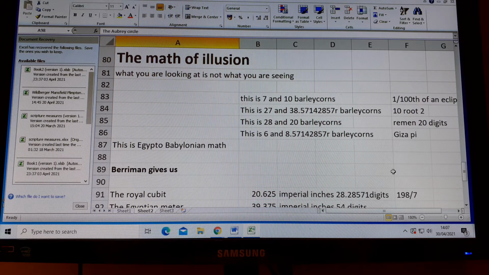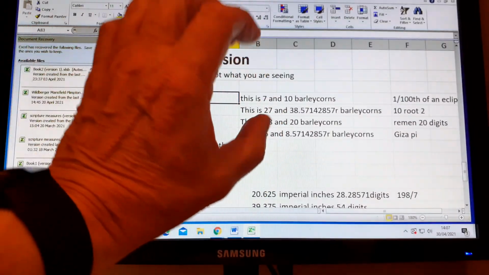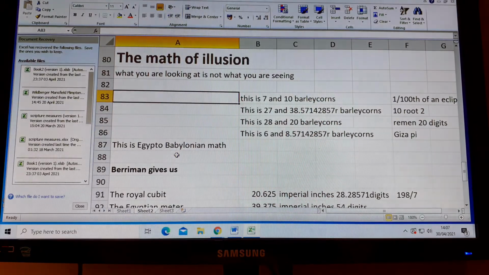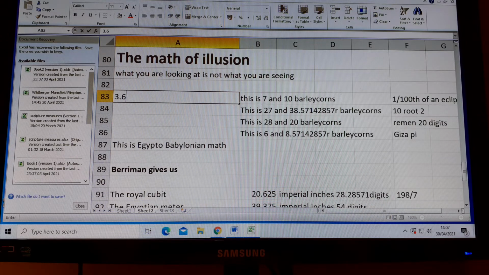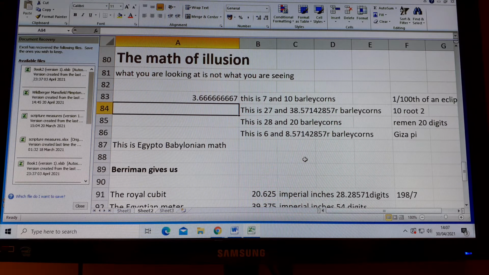So I'm going to give you an example. This number that I'm going to put in here represents 7, and it's 10 barleycorns. So we go 3.6. And that number, 3.6 recurring, represents 7, and it's 10 barleycorns.